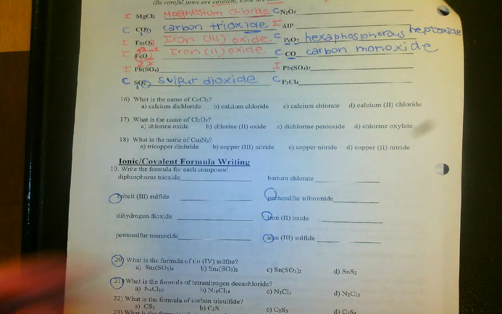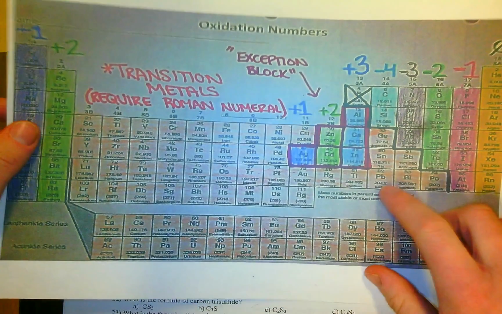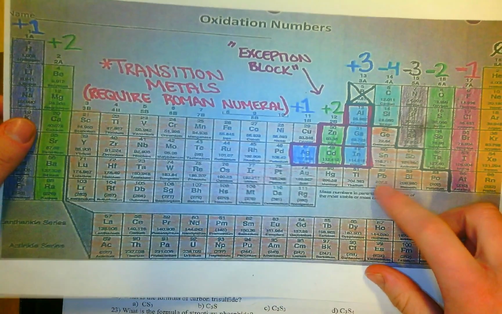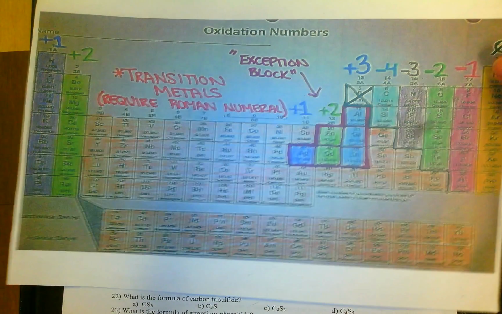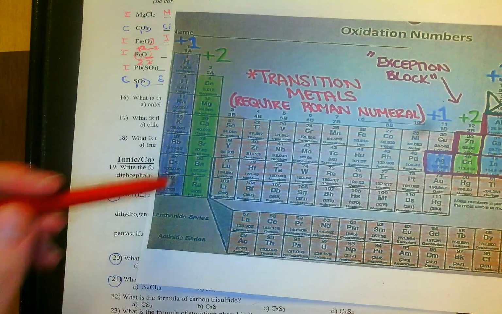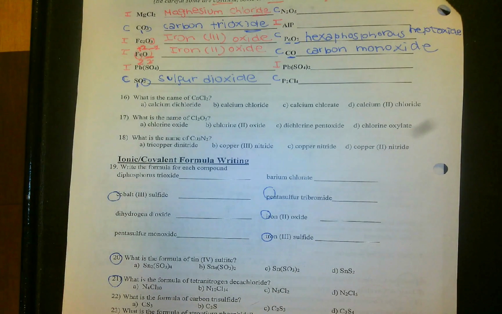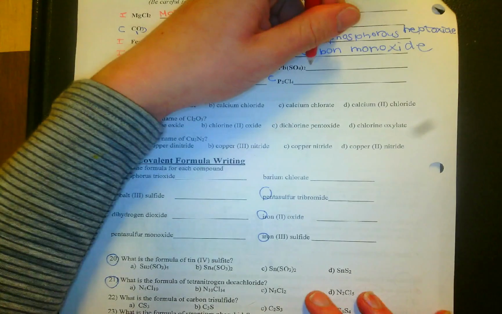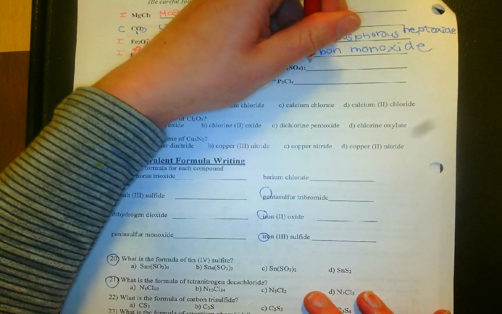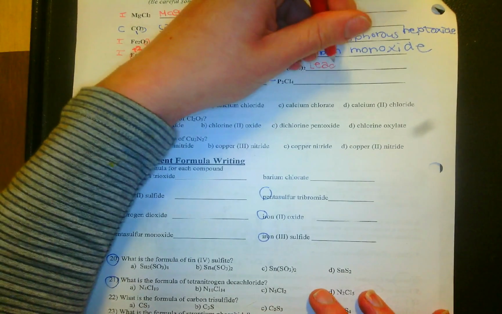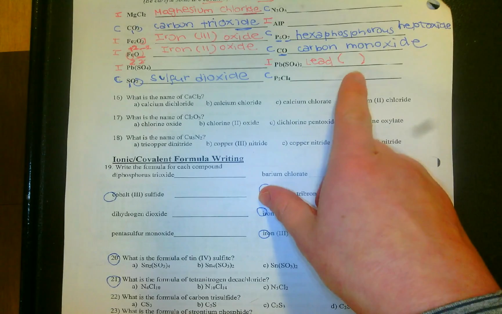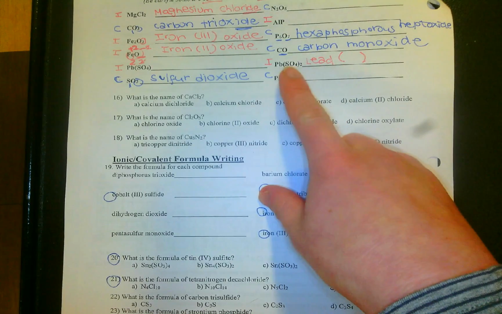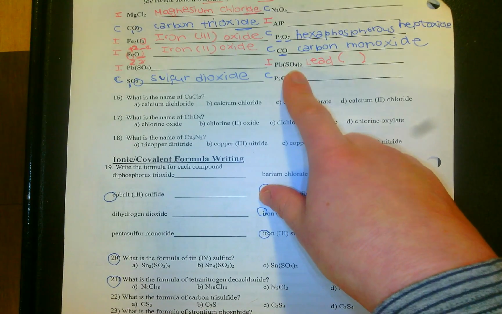If we look at our sheet that we colored, yes. Lead does need a Roman numeral because it is not one of the exceptions and it's not in groups 1 or 2. So first thing I'm going to do is write lead. I'm just going to put the parentheses in there to remind me that I need to go back and put a Roman numeral. But then I'm going to take a look at this SO4.